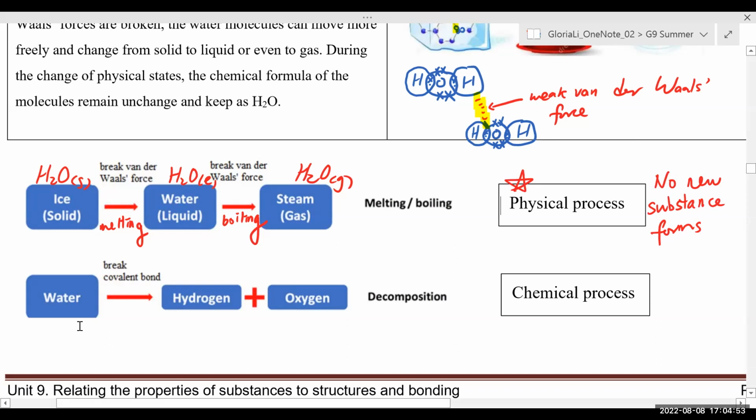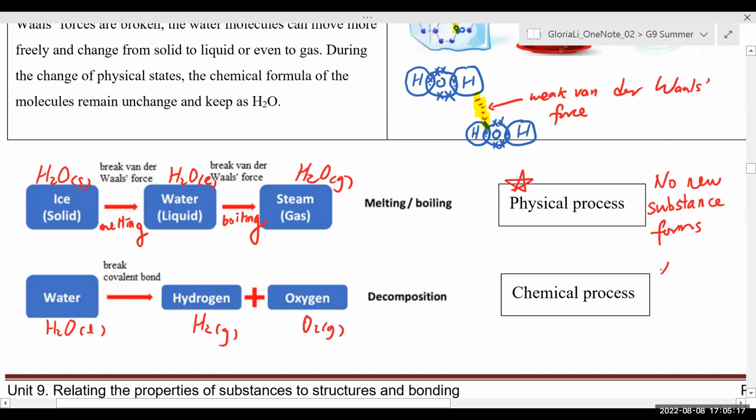But let's have a look at another flow chart. If the covalent bonds between the atoms in water are broken, H2O, water, will become hydrogen and oxygen. When we talk about a substance in a reaction, we are talking about the molecules that can exist in nature. So hydrogen will be represented by H2 and oxygen will be O2.